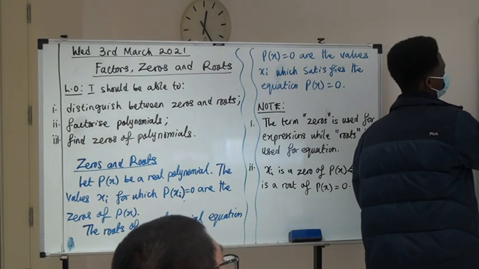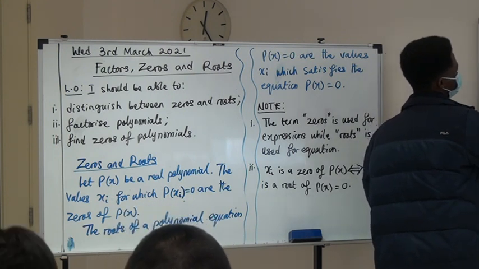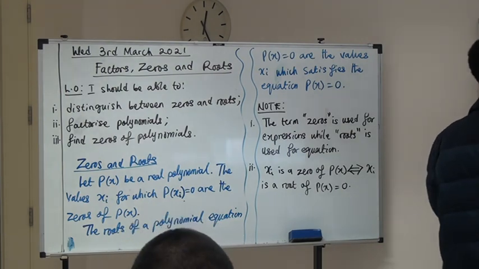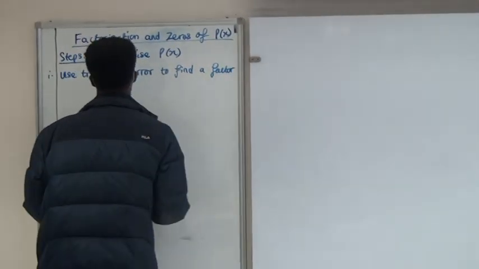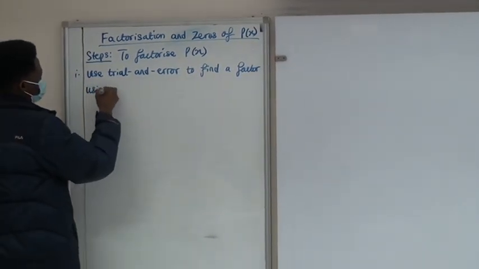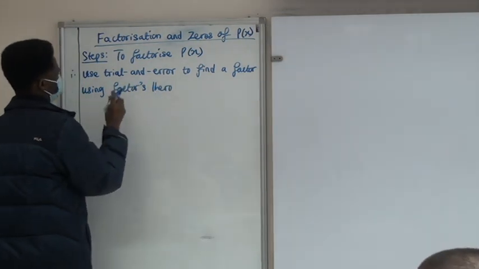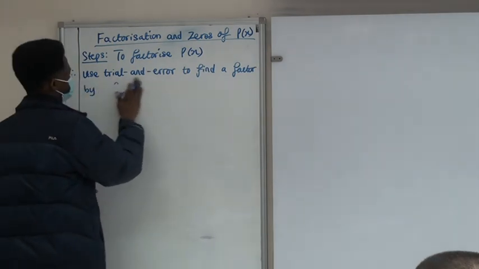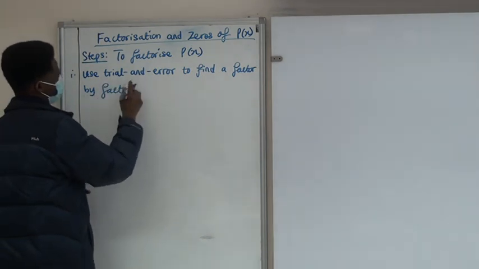Step 1, use trial and error to find a factor. I'll tell you what I mean by trial and error. To find a factor using the factor theorem.